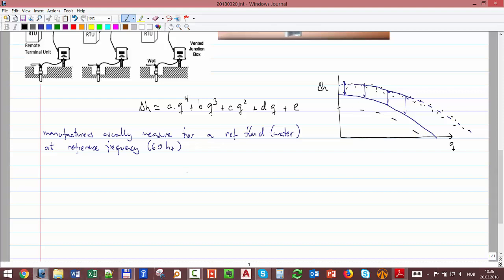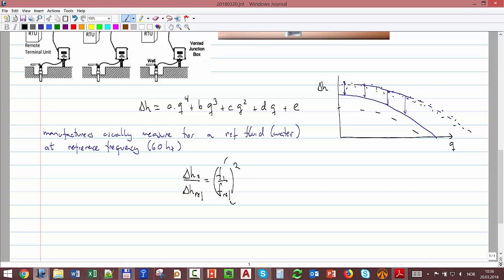So we have these similarity laws that say delta H at a frequency 1, divided by delta H at a frequency 2, is just the ratio of frequency 1 divided by frequency 2, to the power of 2. That means one of them will be the reference. Let's say you have the value for 60, and you want the value for 30 or something else; then you just solve for it.